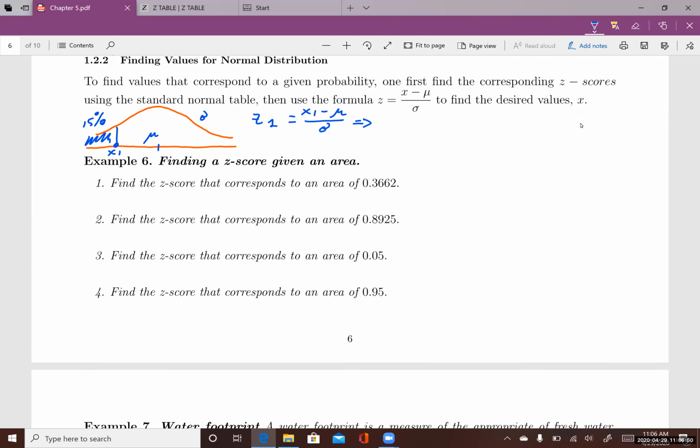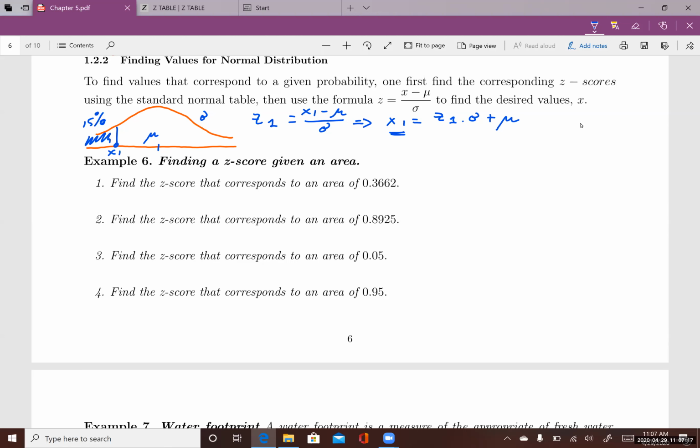I can find x1 equals z1 times sigma, and I add the mean of the distribution. Again, x is the value that I'm looking for. Probability is given, and the standard normal table can be used in this case.